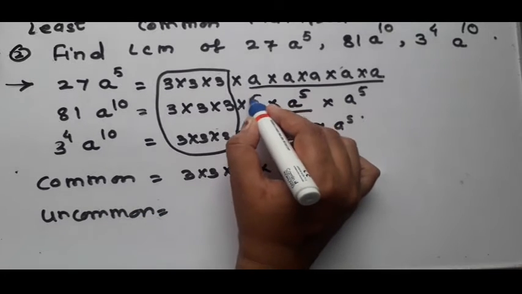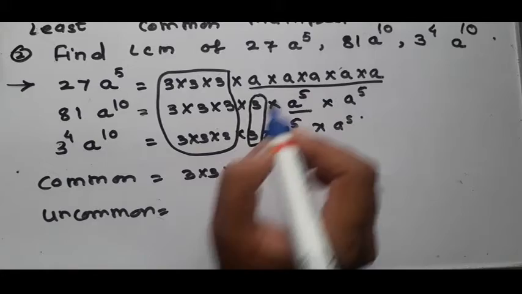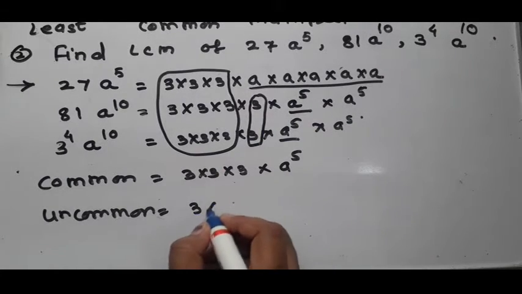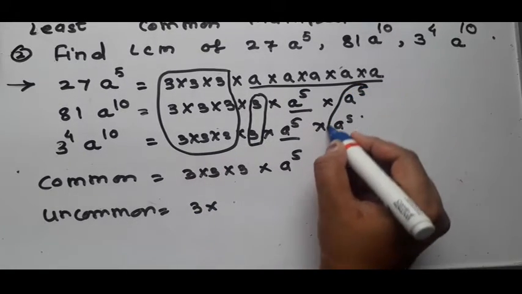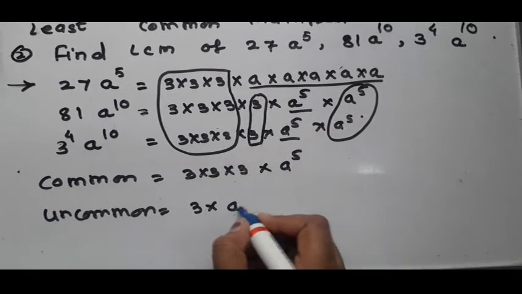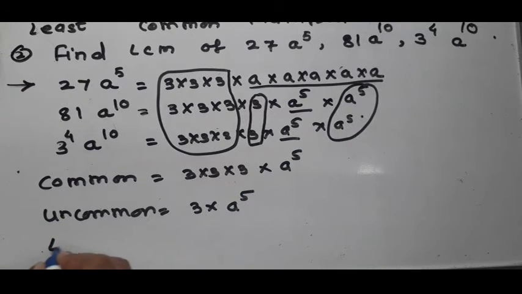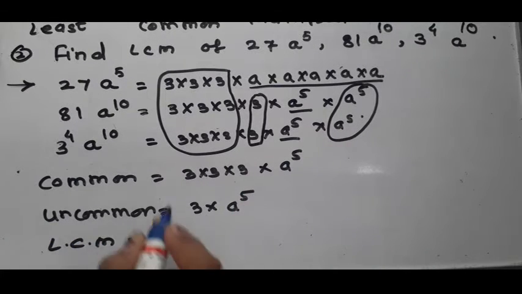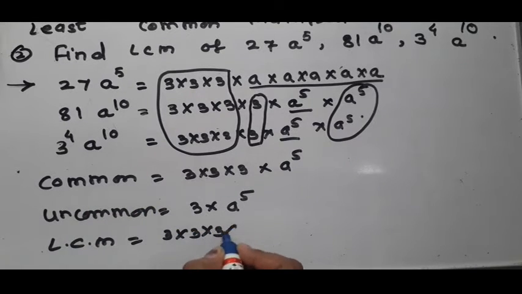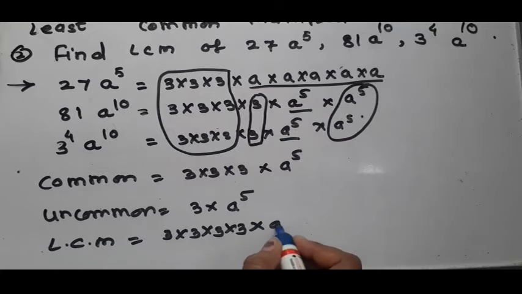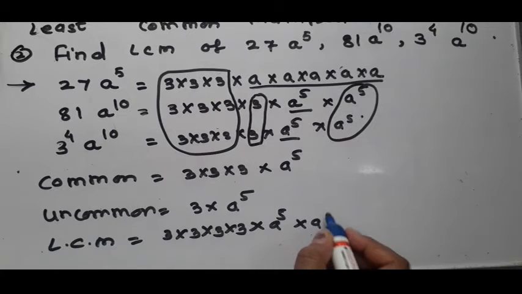This one pair of 3 is uncommon. I will write it only once, not 2 times. LCM will be common multiplied by uncommon: 3 into 3 into 3 into 3 into a raised to 5 into a raised to 5.